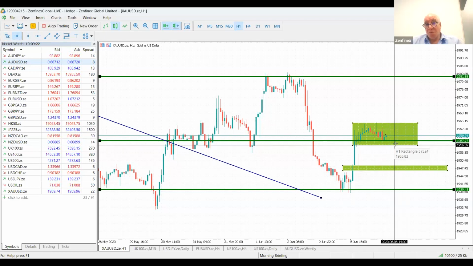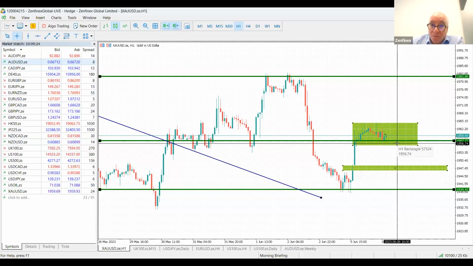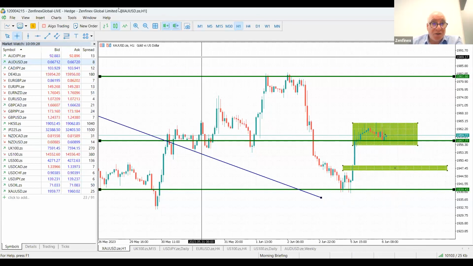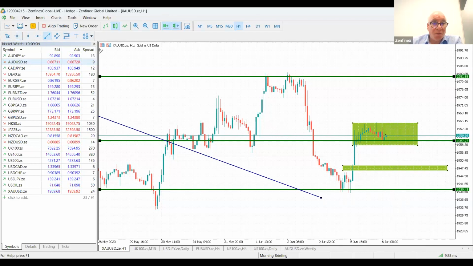So as a trading idea, we've got two options, haven't we? We've got one which, let's see if I can draw an arrow line here. Probably not. Is it going to go up to there, or is it going to fill the gap here?